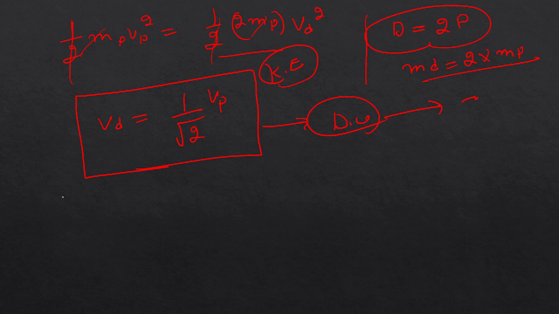Let's calculate that. This is the velocity relation that we got. If we have the velocity relation, then we can easily find out how much larger the wavelength is, through the de Broglie wavelength equation. So let me write it again: v_d is equal to 1 over under root 2 v_p. Now I'm using the second step, the de Broglie wave equation.